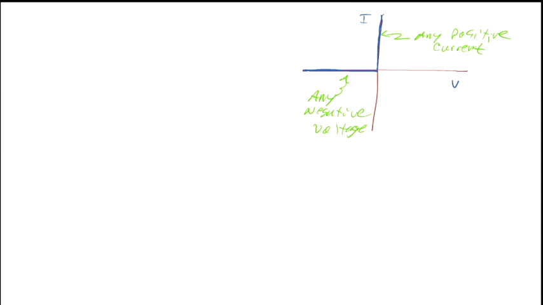It actually can't handle a positive voltage, and it can't handle a negative current, right? The ideal diode model only does forward bias where it's on, reverse bias where it's off, and replace it with a short or an open circuit.